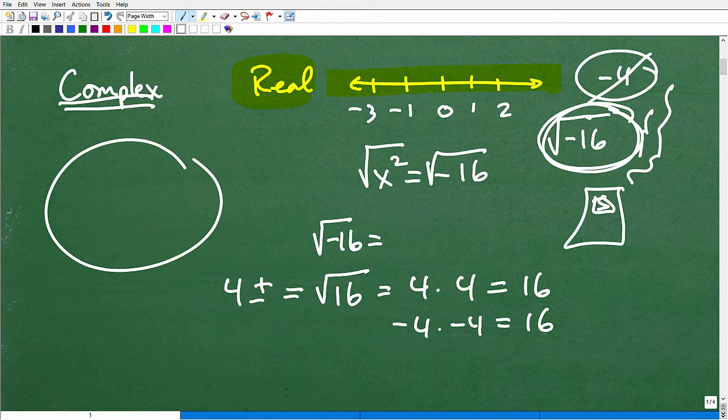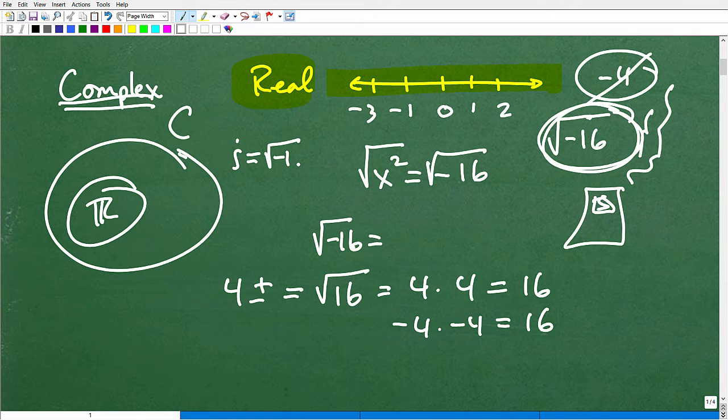That's not the answer. So to figure this out, we need complex numbers. The real numbers are actually inside the set of complex numbers, and it has to deal with this little i symbol and the square root of negative 1, et cetera. You should have a pretty good understanding of this. If you're interested in how to multiply complex numbers, then you need to understand this, and you need to understand why we need complex numbers in mathematics.